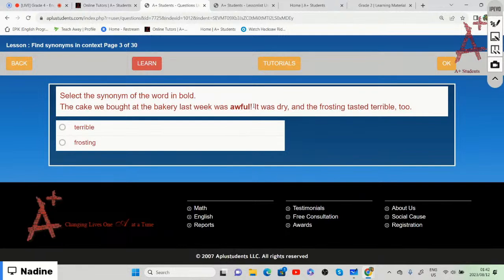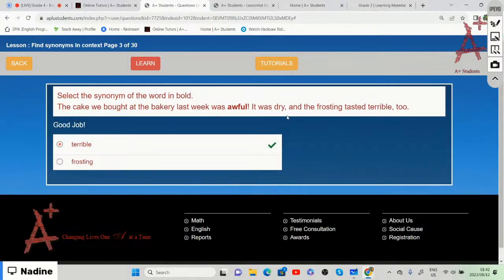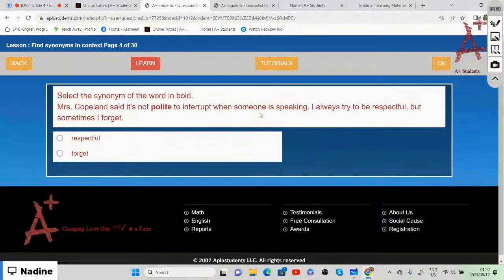Is it terrible or frosting? So another word for awful is terrible, right? Terrible is the word that is similar in meaning.